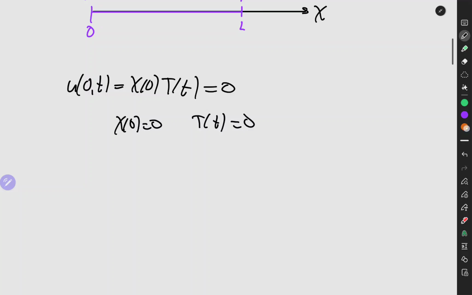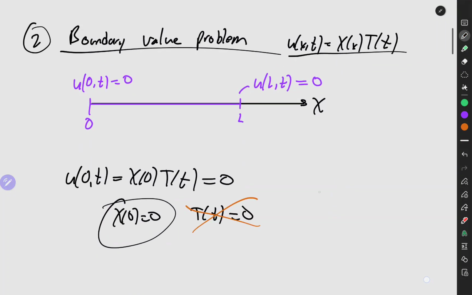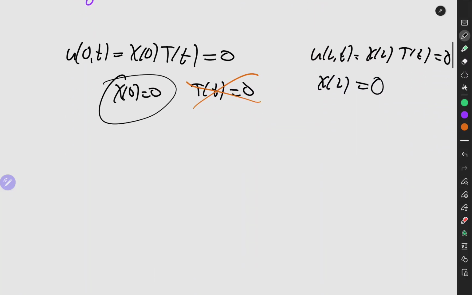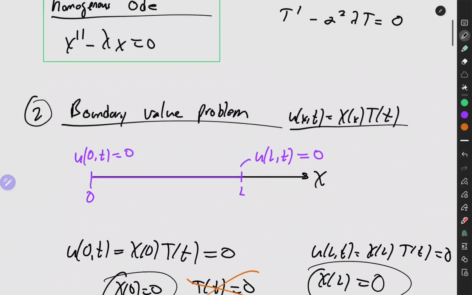So we're not looking at this one at the moment, so just ignore that one. This is what we want right here. And then the other one would be, and you can see from that we would get, right? So that's what we want. Those are the two rewritten boundary conditions.